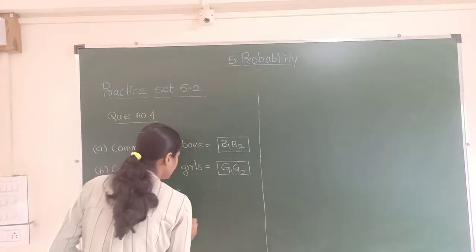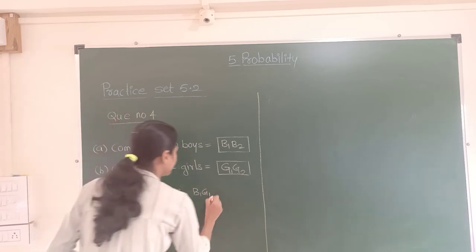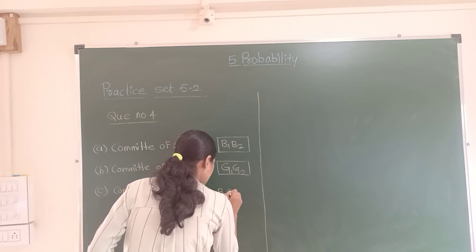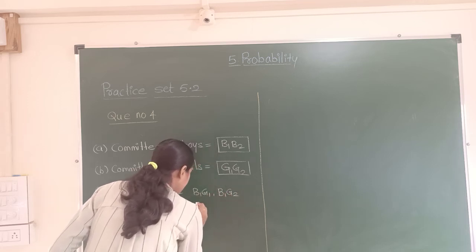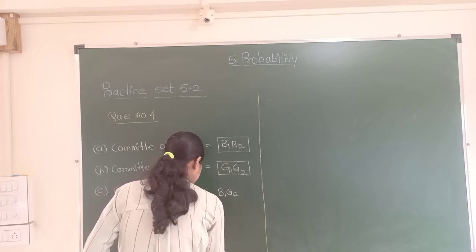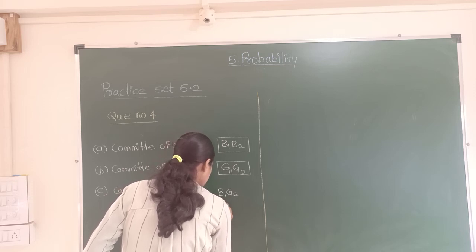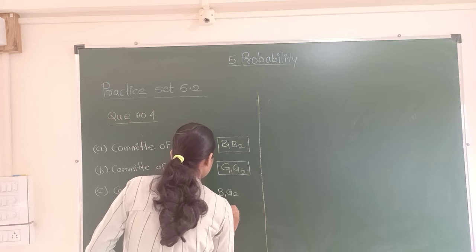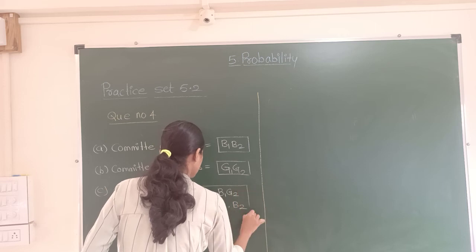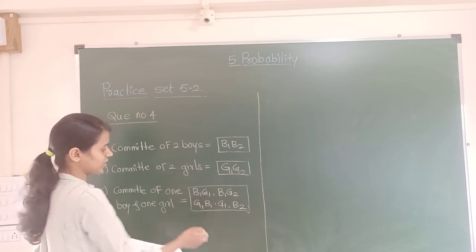For that we can write 1 boy, so B1 and G1, 1 boy and 1 girl we are writing. Then B1 and G2, then G1 and B1, and G1 and B2. Okay, so we can write this. They have given us just 4 boxes, so I have written the 4.